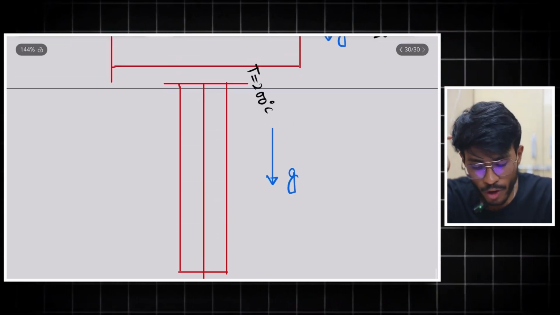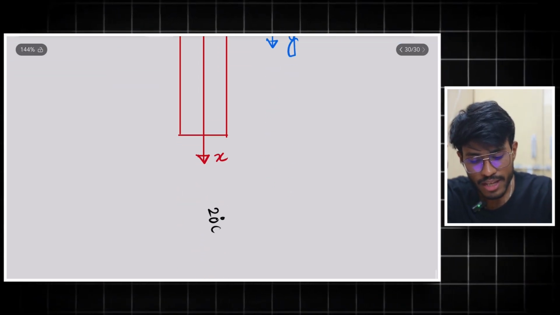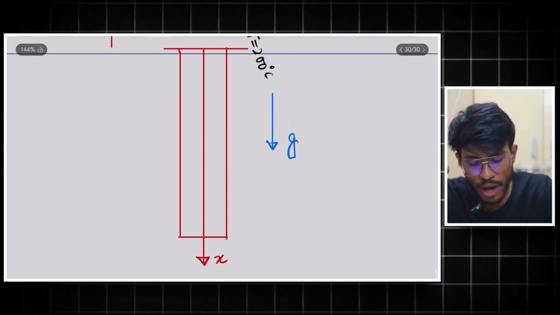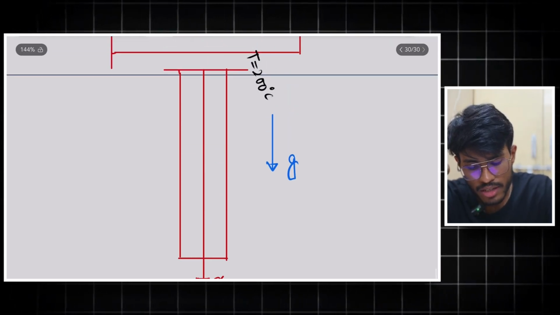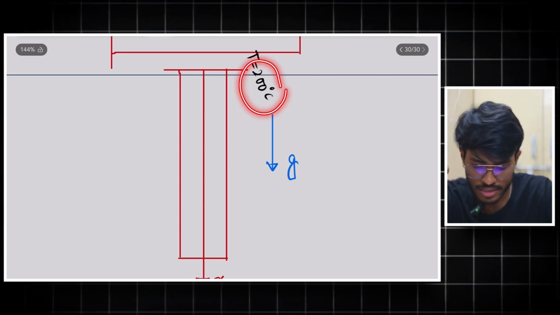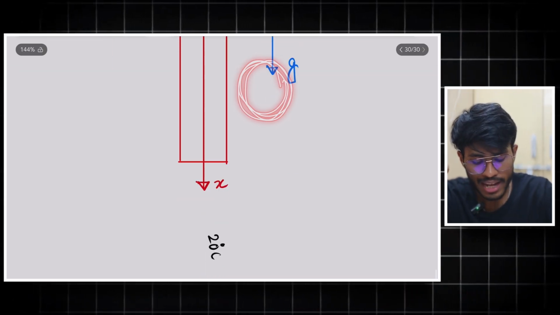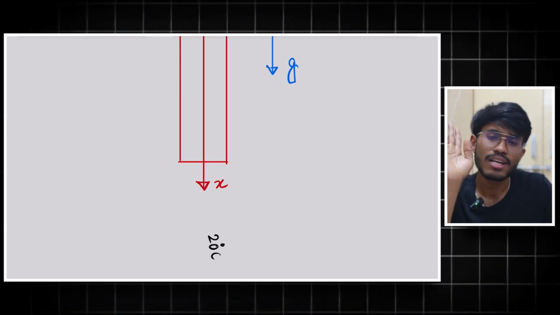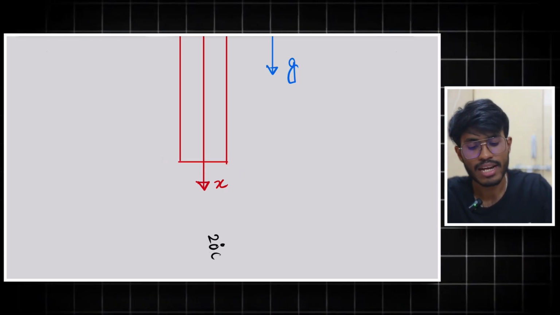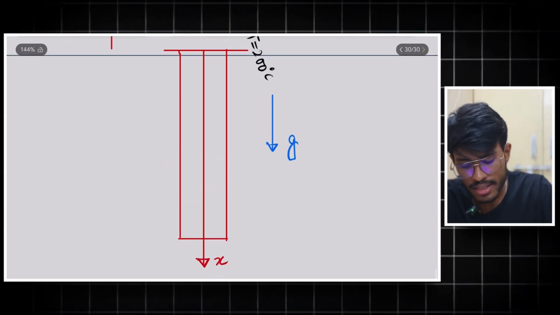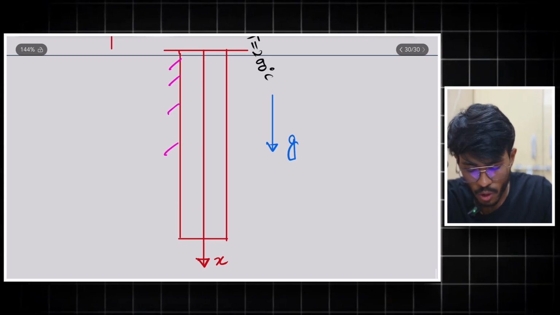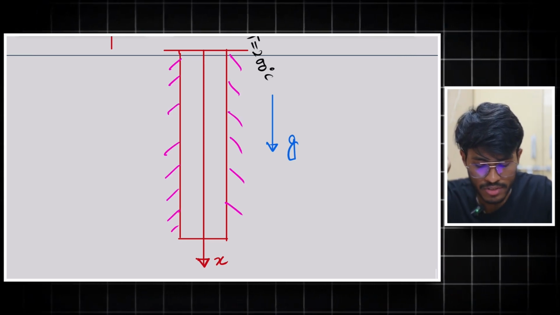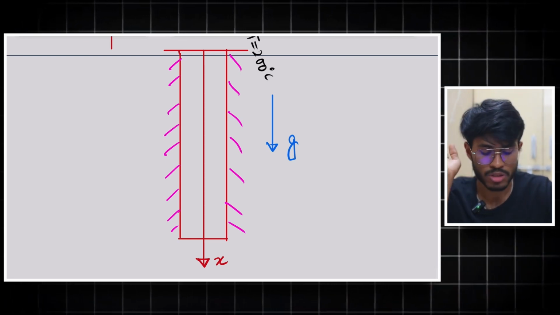Okay. So, now what is happening is that, see, still you have the 200 degrees Celsius here, and now here you will have some temperature that is less than 200 degrees Celsius, and you have to keep in mind that still this is insulated through all the sides here, and only heat transfer in x direction is possible.